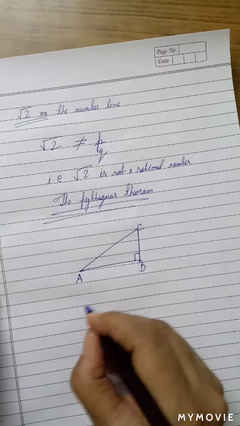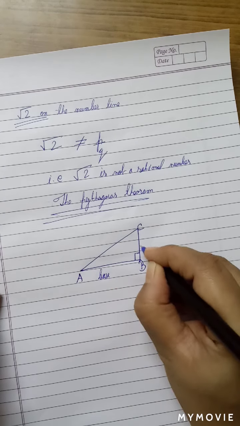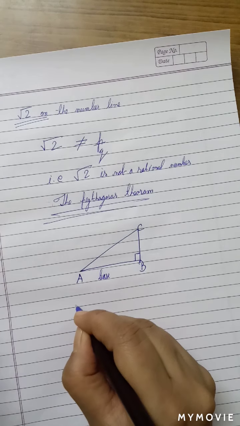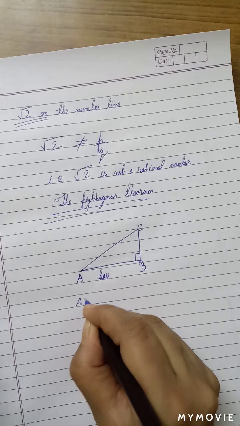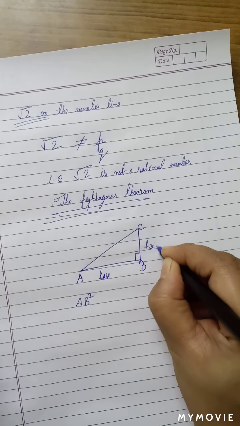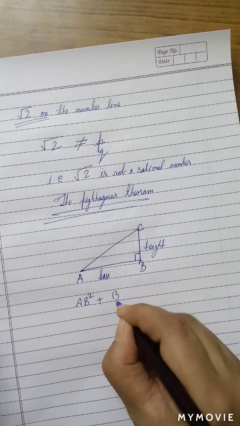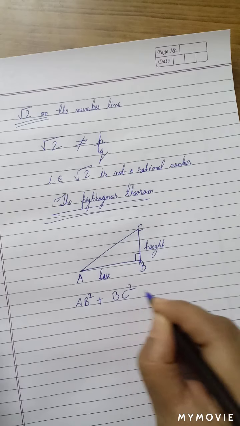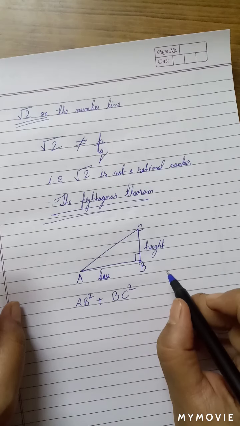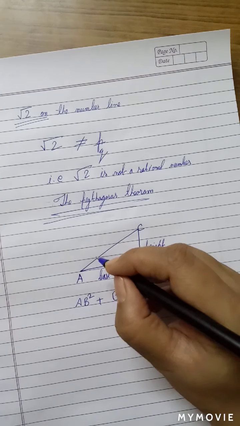It says base square, AB is the base square, plus height or the altitude square. Here BC is the height. Base square plus height square is equal to hypotenuse square.